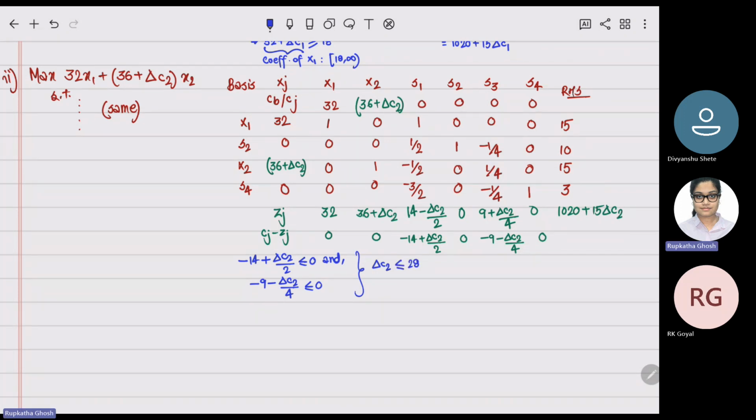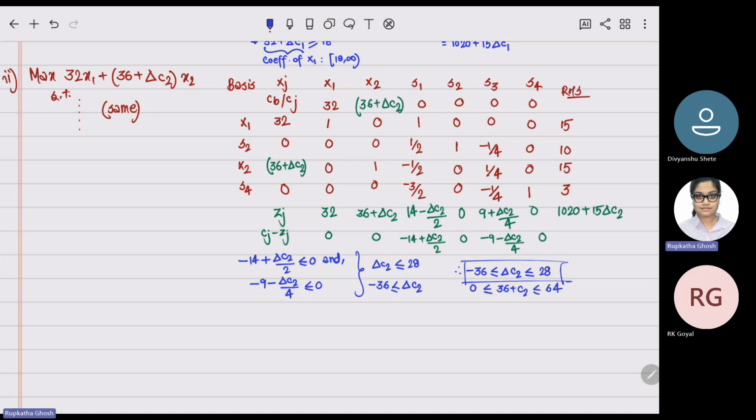And here you will get 9 into 4, minus 36 less than or equal to delta C2. So between minus 36 and 28, it will vary. So 36 plus delta C2 goes from 0 to 64. So this is your allowable range of optimality.